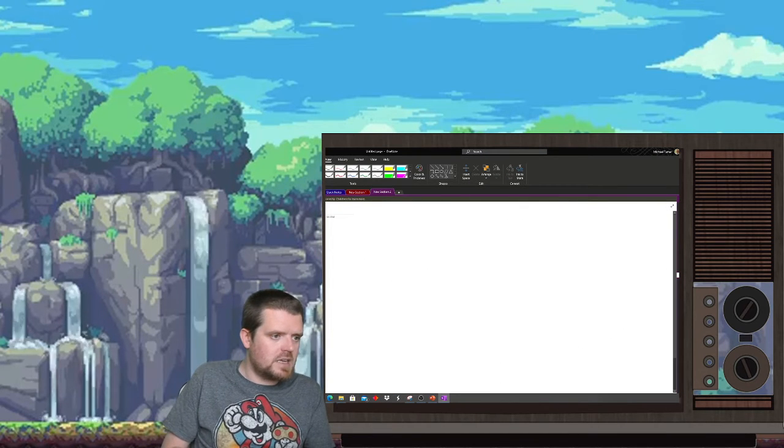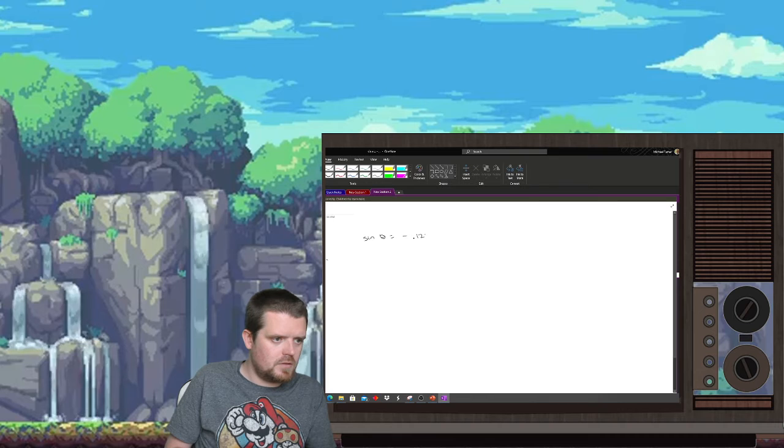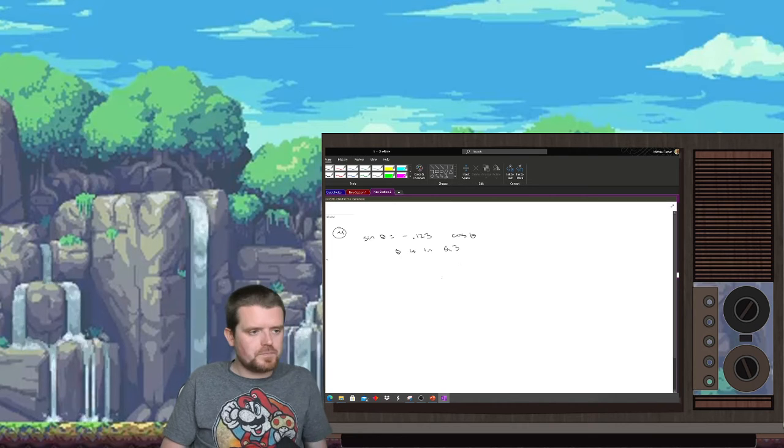Again, looking at decimals, let's say the sine of my angle is negative 0.123. And I want to find cosine. And let's say in this case that the angle is in quadrant 3, for instance.